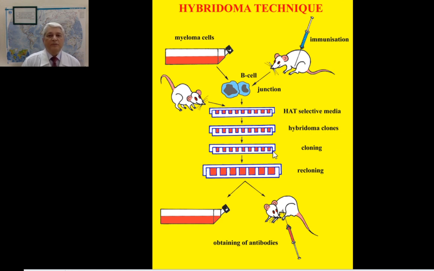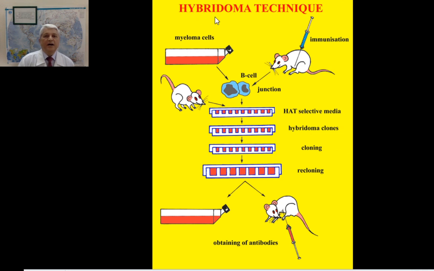Finally, we can be sure that in each test tube there will be not more than one cell. Then we wait for the growth of these cells and do this procedure a second time, recloning, to be sure that in each test tube we have only one clone of hybridoma cells.